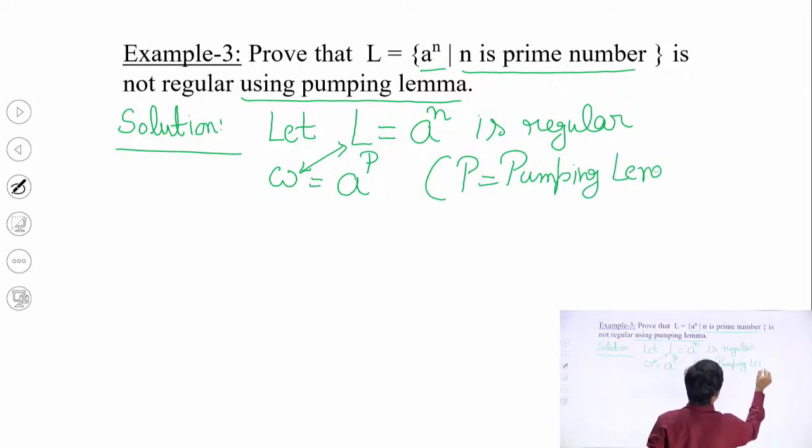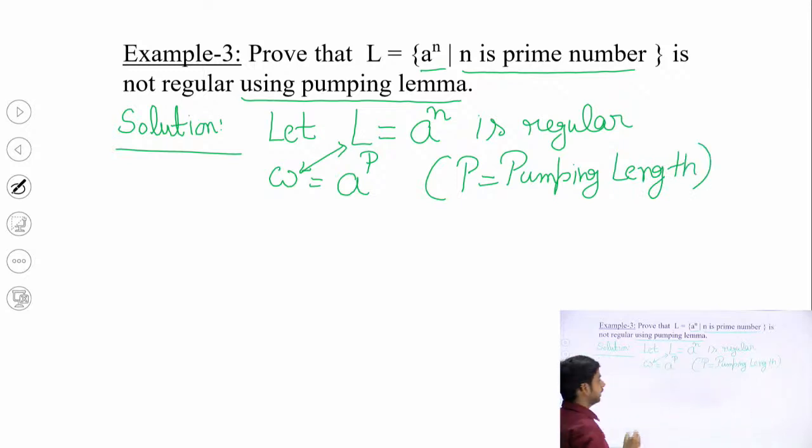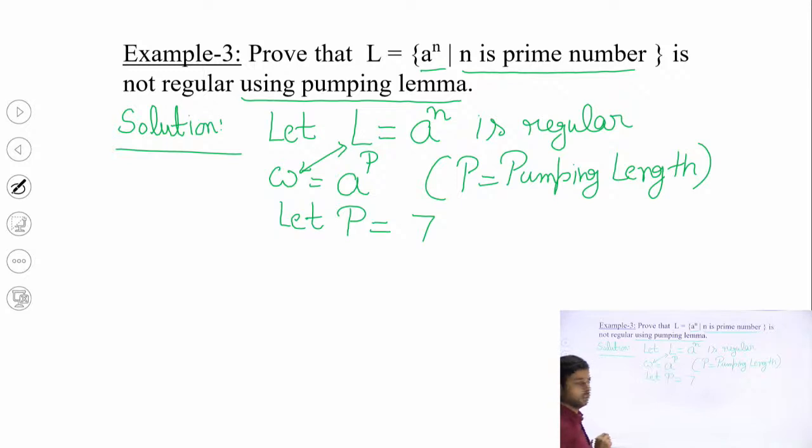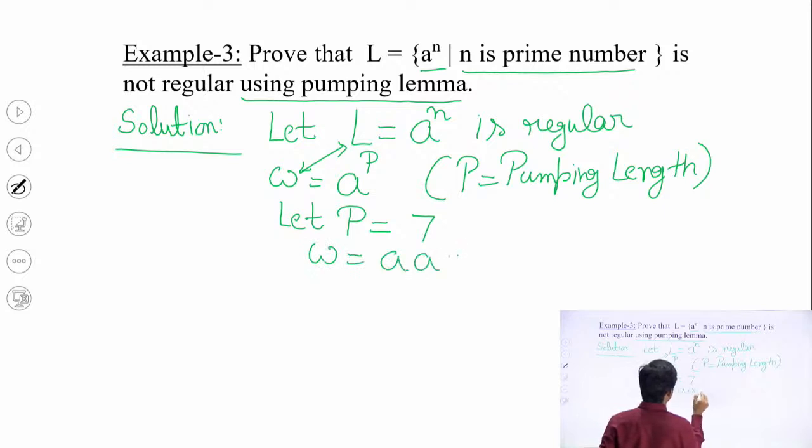Let p equal to, you can assume any value, 7. Let p equal to 7. Now W equal to a, 7 times a.